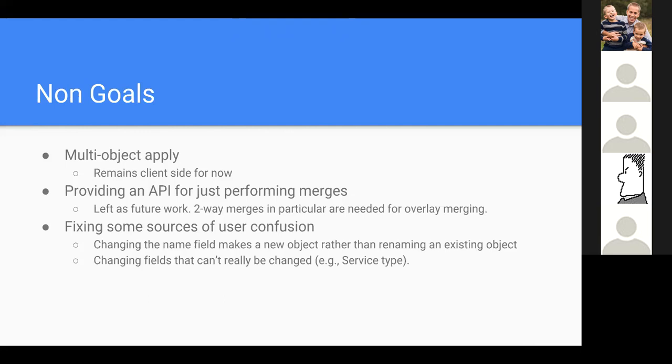I have some non-goals, like any good design. Kubectl apply today does both multi and single object apply. I'm focusing only on the single object case. The multiple object case has additional complications. So for now, I intend to let that remain a client-side loop.